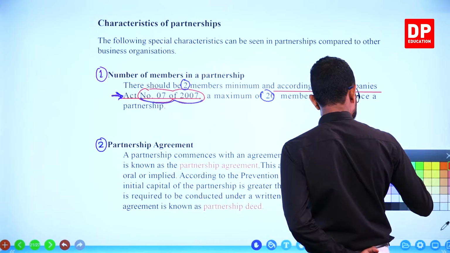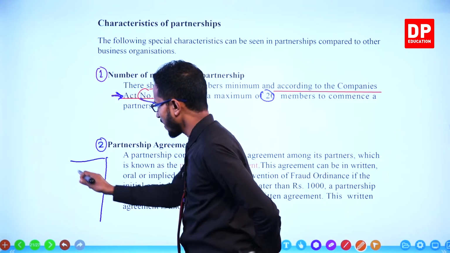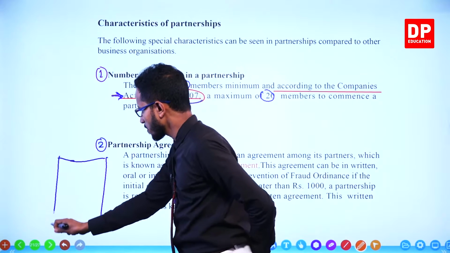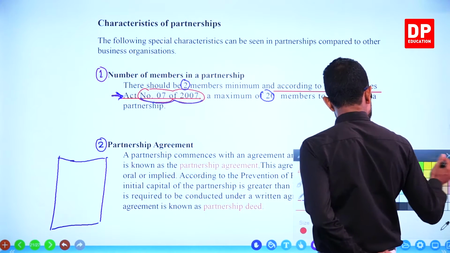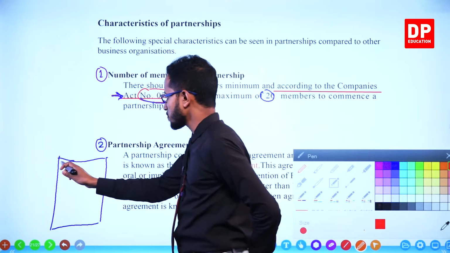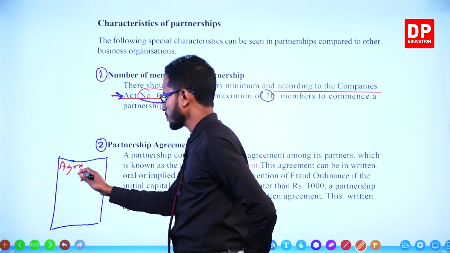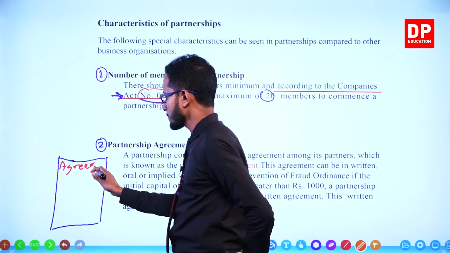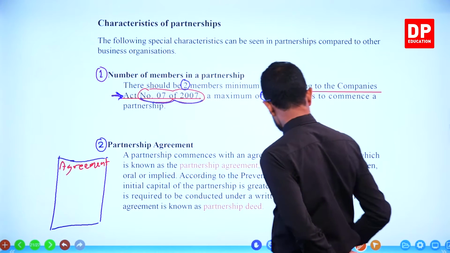What I'm saying is, children, it is not necessary to have a written agreement, but it's better.